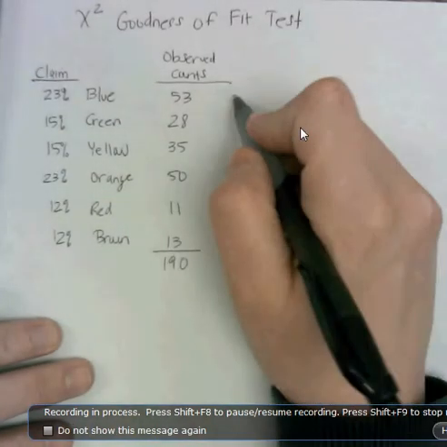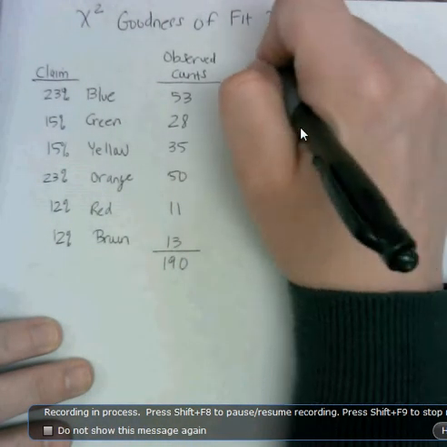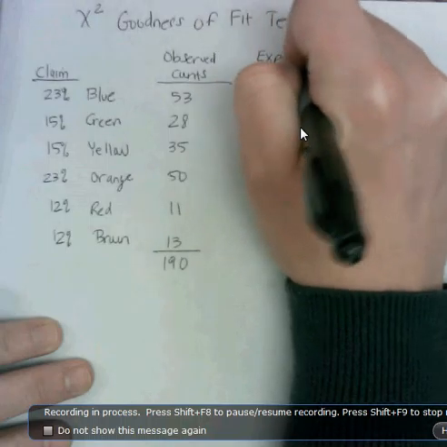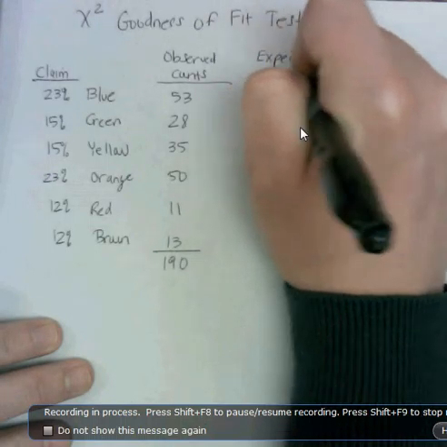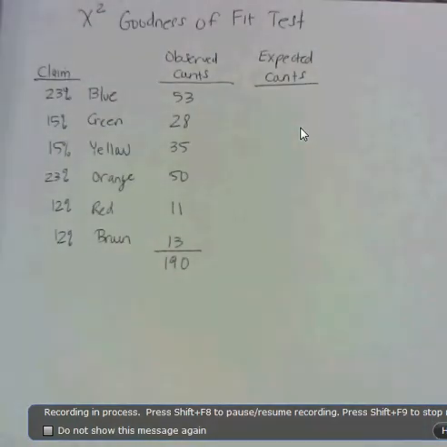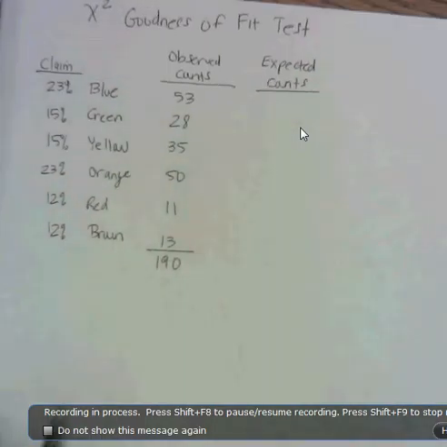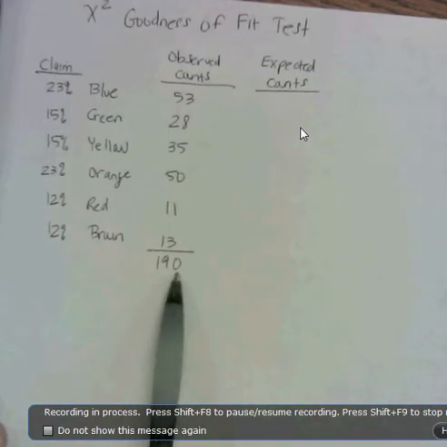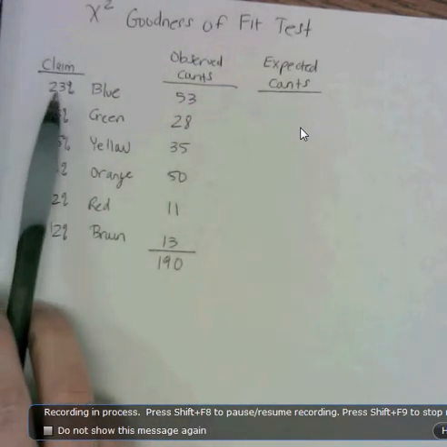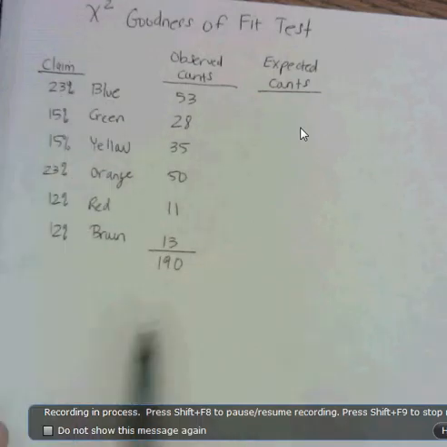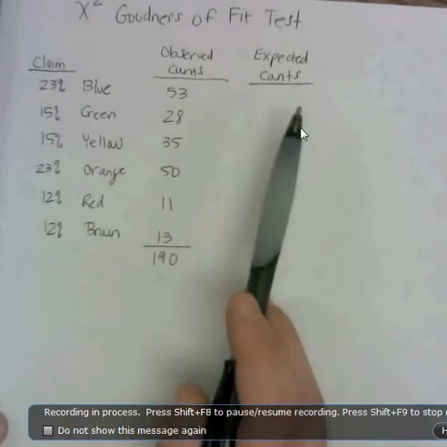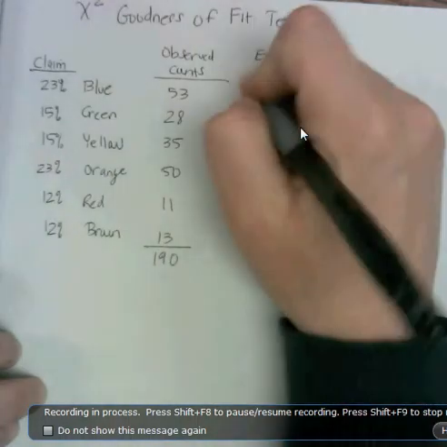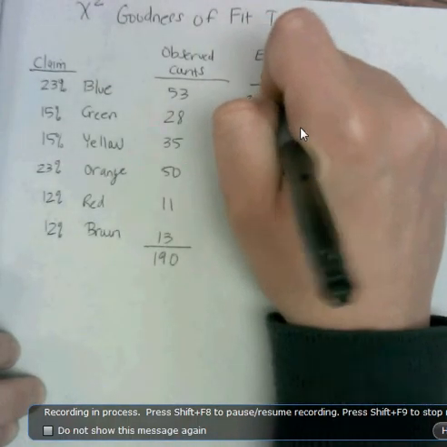So I'm going to create a new column, and we're going to call this the expected count. Now, everything that you do with chi-square is all about counts. And so we've got percentages, and if we have 190 M&Ms and we would expect 23% of them to be blue, then in order to get the expected count, you would take 0.23 times 190.